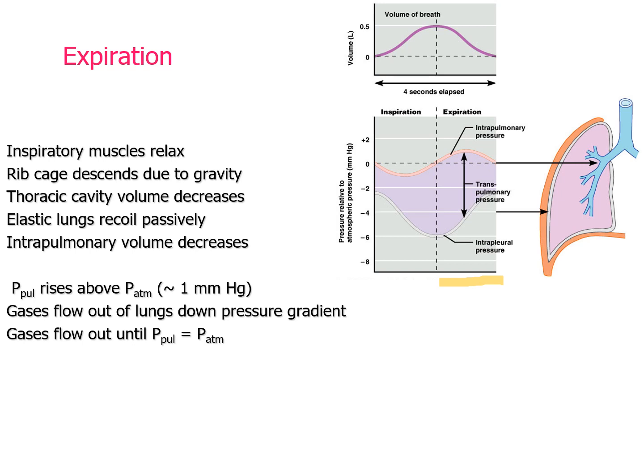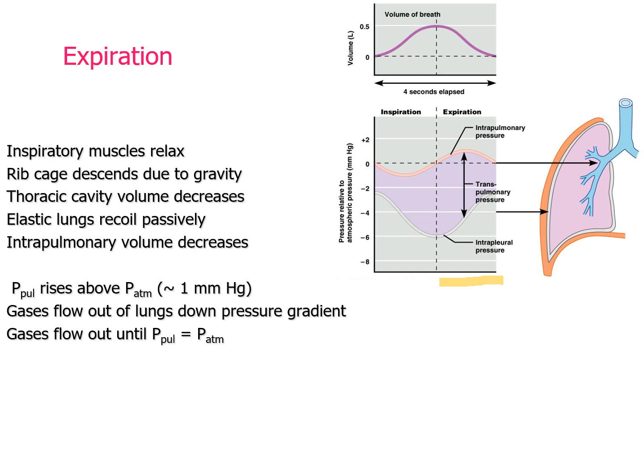The thoracic cavity volume decreases and the elastic lungs recoil. They were stretched before. Remember that the alveoli have elastic fibers around them, so when you inhaled you were stretching those out, and now you'll get some recoil.